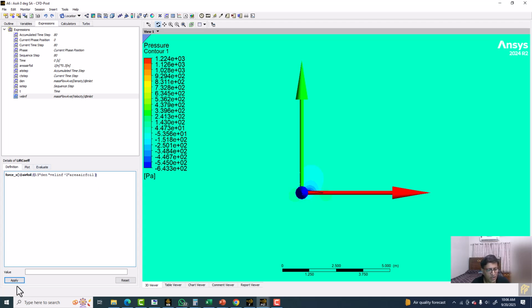But see, the value of the lift coefficient with just force x will give you the force along the default coordinate system, which is x along the x-axis and y along the y-axis, no angle of attack.